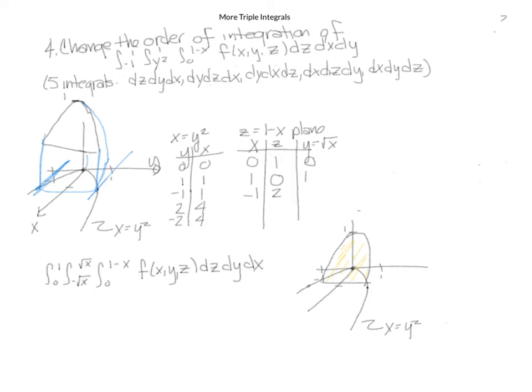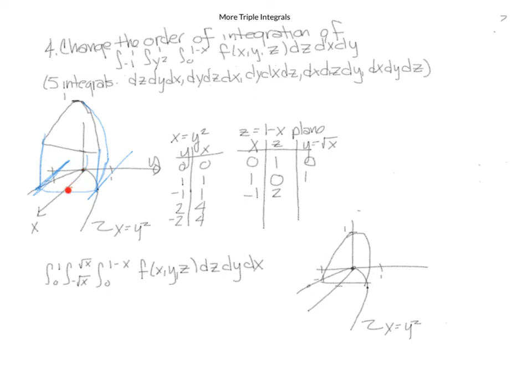If x goes from y squared, that's this curve, to 1, it's going to go from the curve up to 1, only between y equals -1 and 1. So it's this area in green. So when we set up our limits of integration here, we still want this area in green. If I look at this now, I can have x go between 0 and 1, because that's actually the values for x.